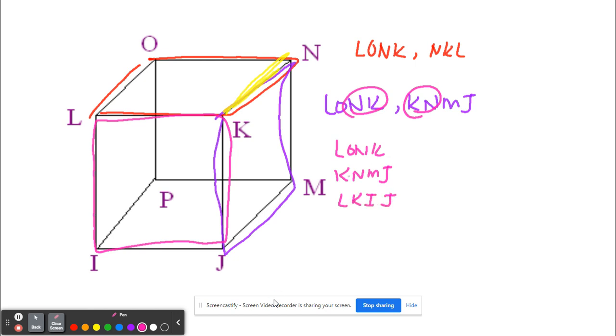So I look at each one of these and find out what they have in common. And if you look at this, you'll notice that they all have the letter K in common. And so when I have 3 planes that come together, the red plane, the purple plane, and the pink plane, their common is going to be a point. So they all meet at K.